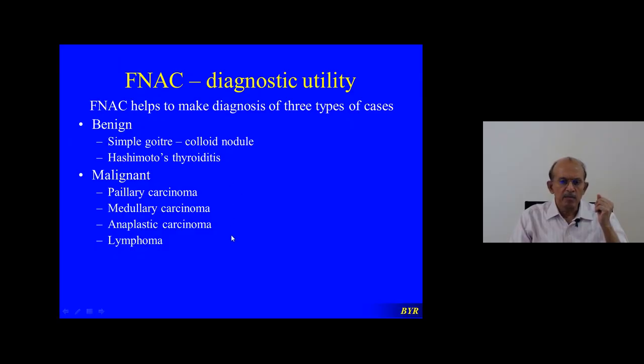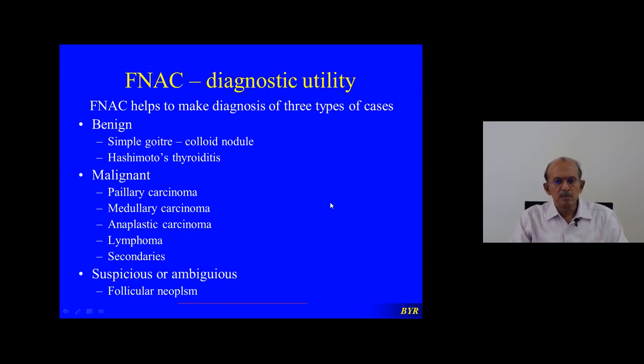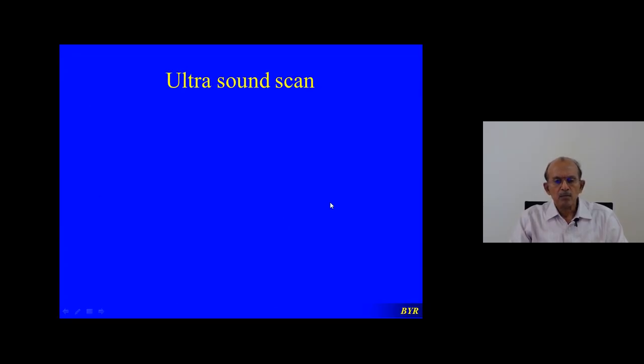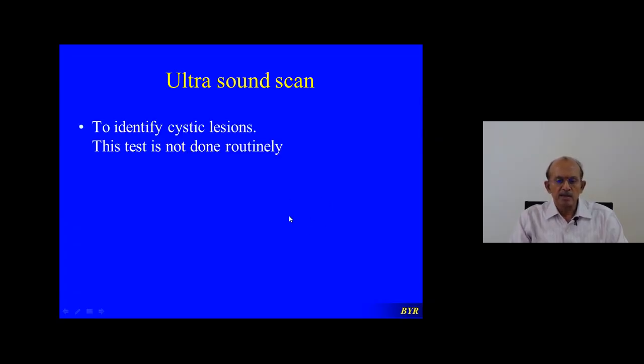So they can be diagnosed on FNAC. Of course, the third is suspicious or ambiguous in case of follicular neoplasm. So that is about the fine needle aspiration cytology. Then ultrasound scan. It is mainly to identify cystic lesions and solid lesions.